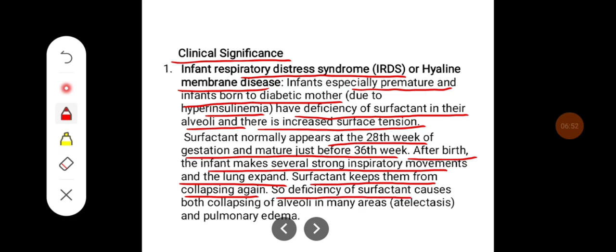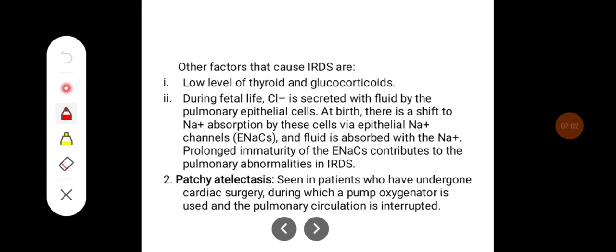So deficiency of surfactant causes both collapsing of alveoli in many areas, that is called atelectasis, and pulmonary edema. The other factors that cause infant respiratory distress syndrome are low levels of thyroid hormone and glucocorticoids. And during fetal life, chloride is secreted with fluid by pulmonary epithelial cells.